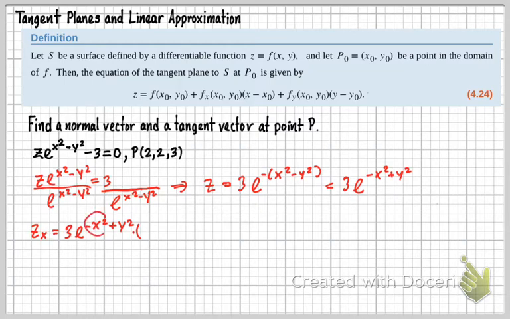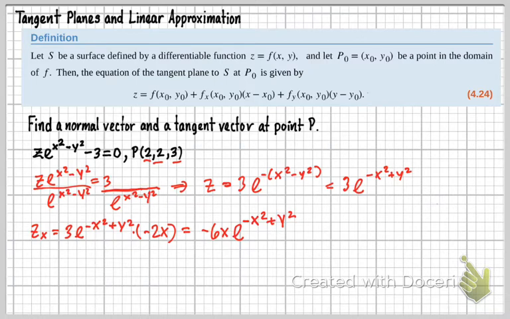So I only have to worry about this piece. This here is a constant. So that's going to be negative 2x. So that equals negative 6x e to the negative x squared plus y squared. So there's my z_x.